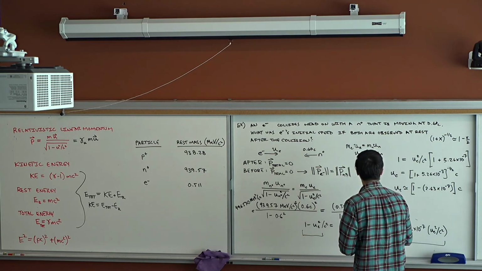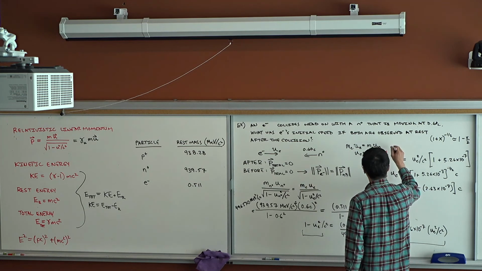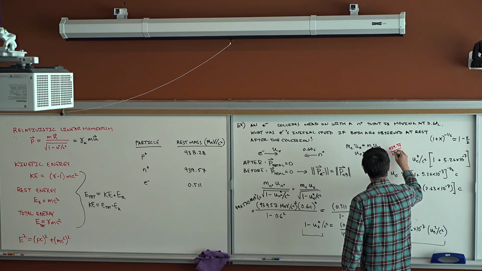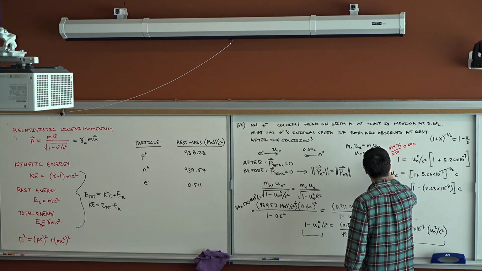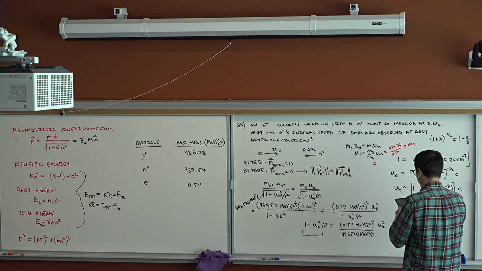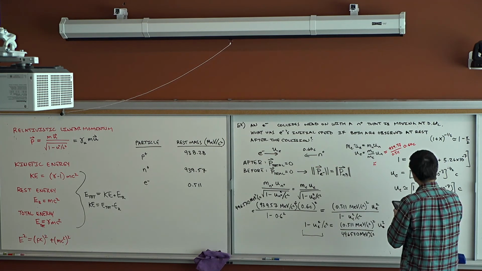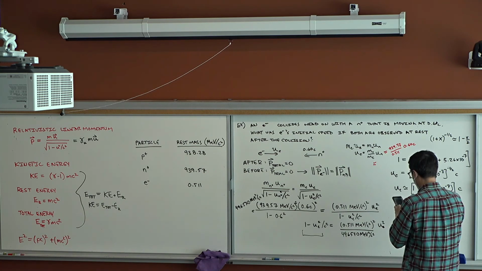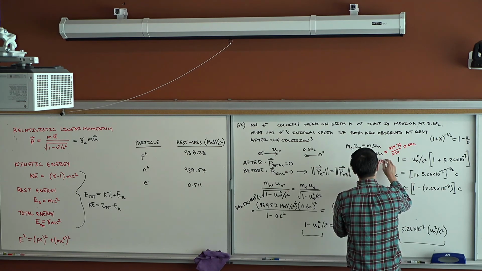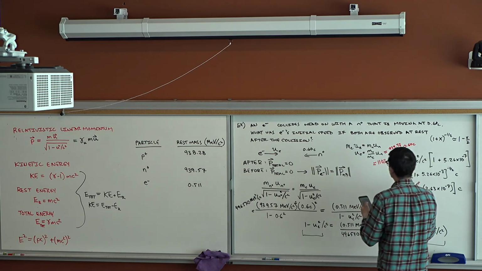And 939.57 over 0.511 times 0.6c winds up being about 1103c.